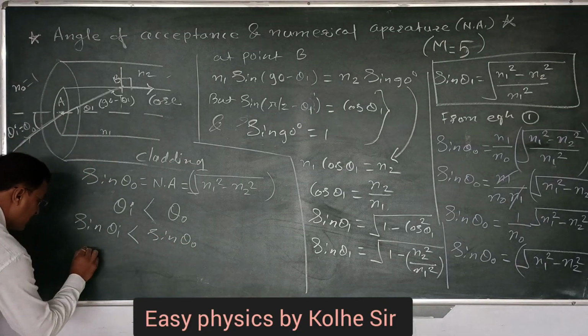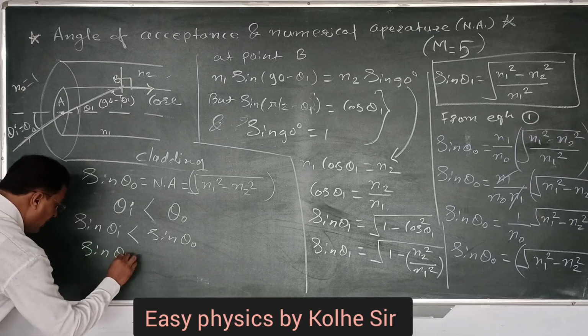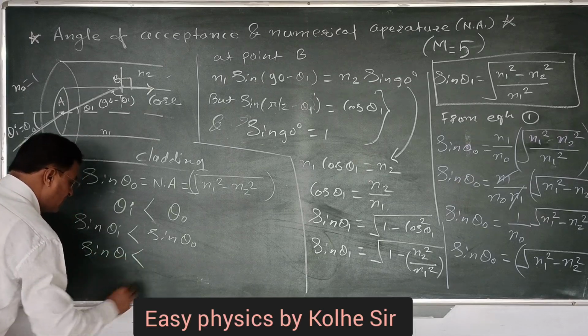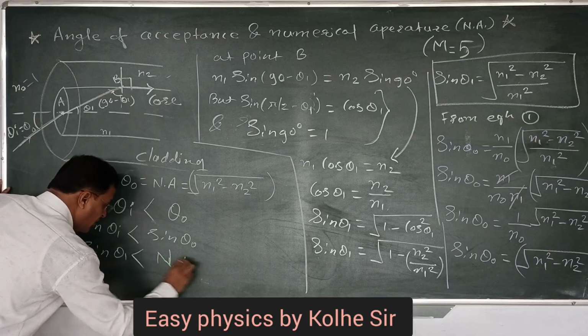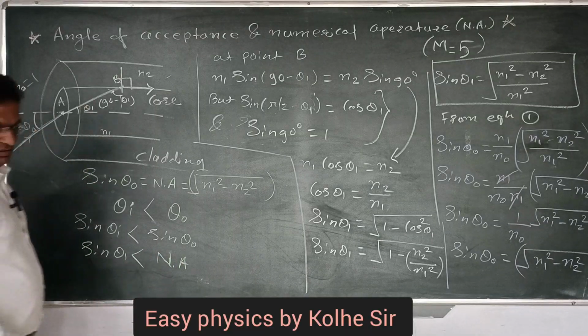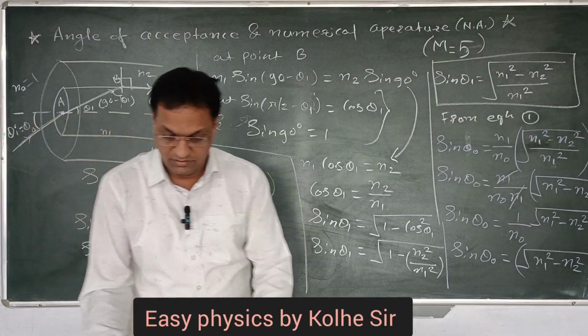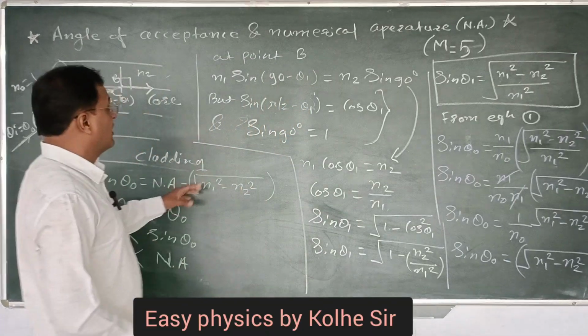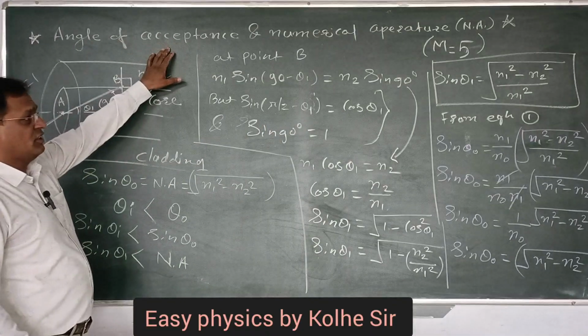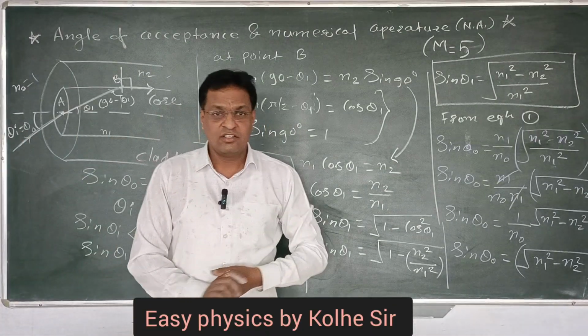It means that sine of theta I is always less than numerical aperture. So in this way, we have to complete the derivation of angle of acceptance and numerical aperture. Thank you.